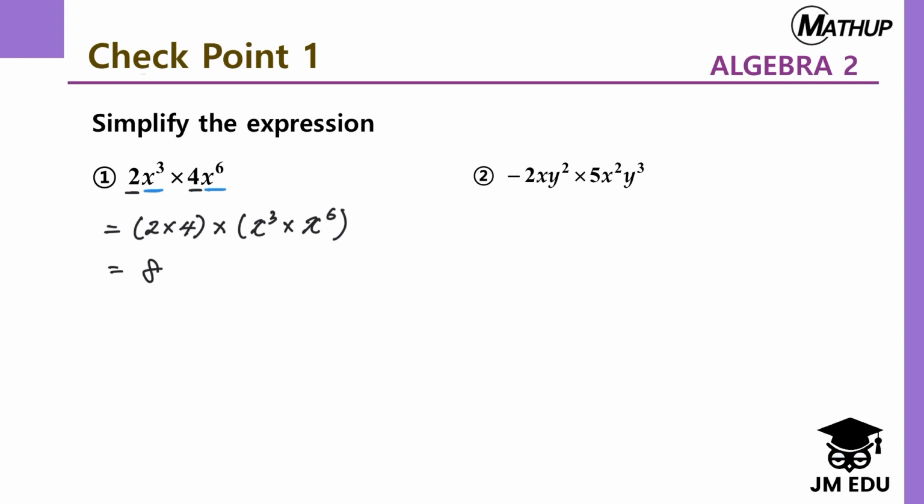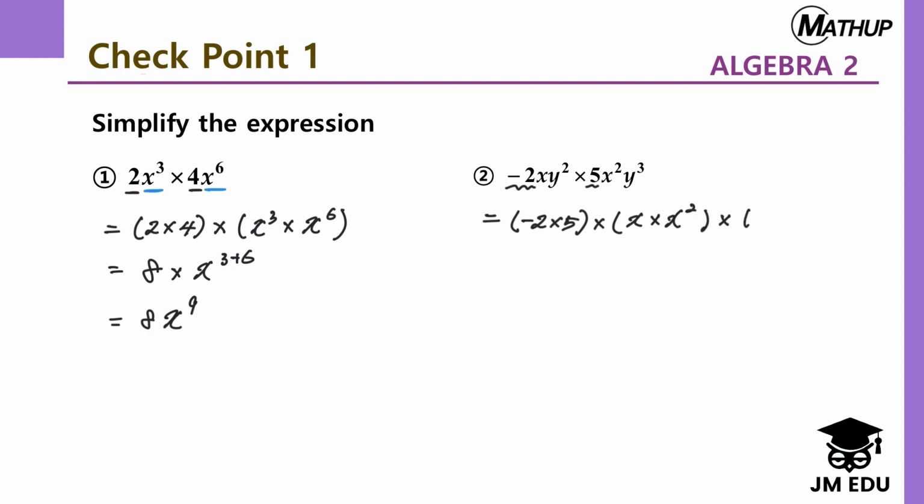And when we multiply the variables, we can use the law of exponents. If it's a multiplication, we add 3 and 6, right? So that's going to be x to the 3 plus 6. So that's 8 times x to the power of 9. Okay, number 2, we have constants negative 2 and 5. So that's negative 2 times 5 times, we have a variable x times the same variable x squared, right?